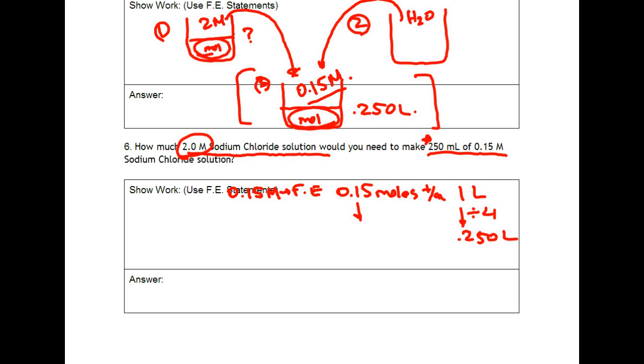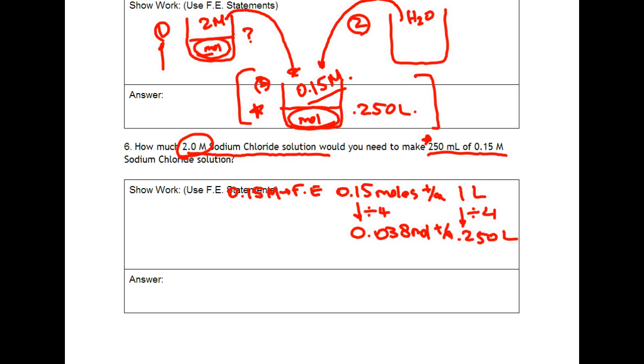And if we divide the moles by 4, we should get 0.038 moles. So that means there's 0.038 moles in this solution. It could have only come from one place, the first solution.